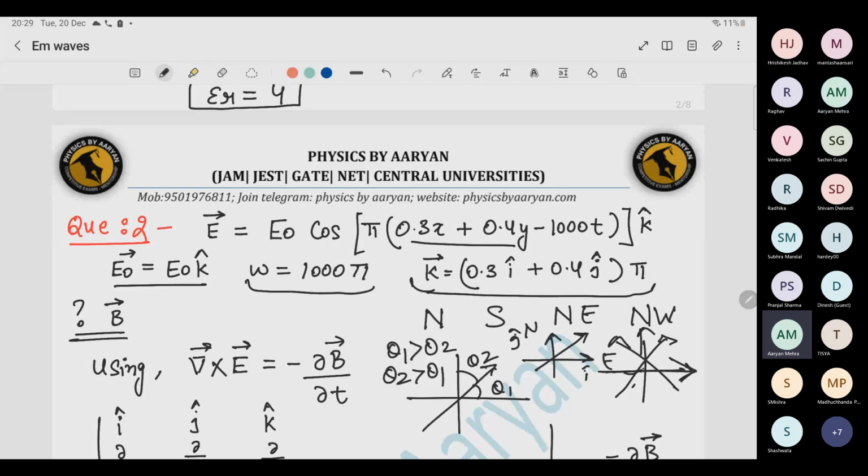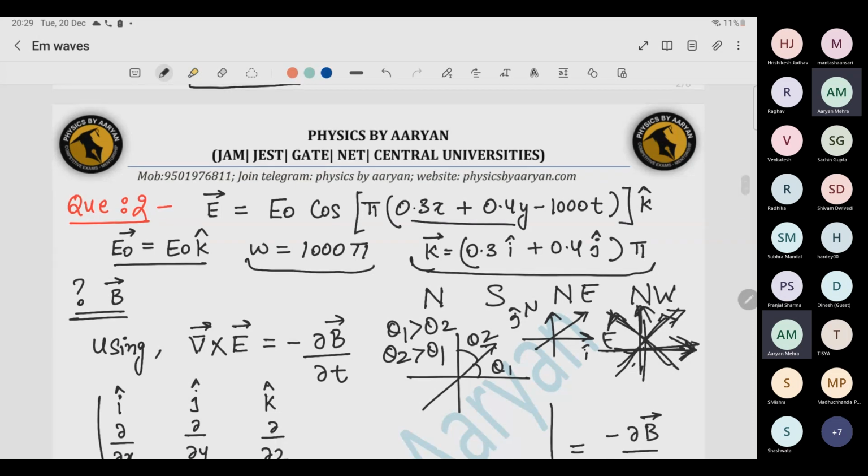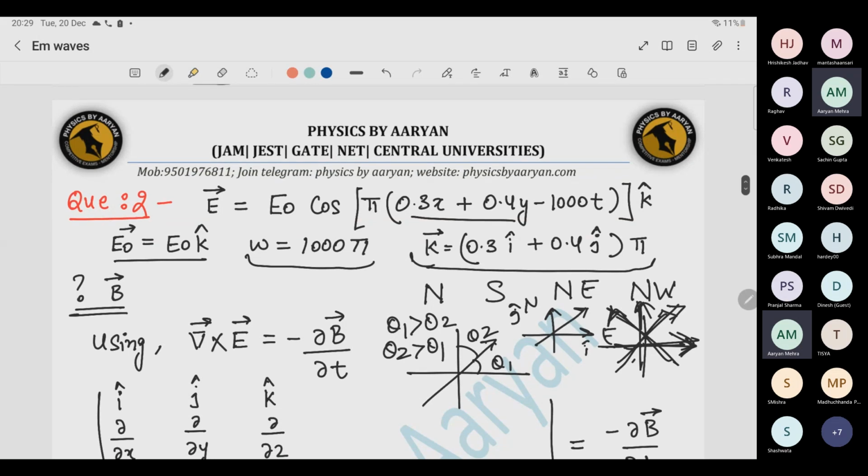Right or wrong? Everyone got this point? Your EM wave can go in any direction, here, here, here, as long as your electric field is oscillating in Z direction, it will be perpendicular to your electric field.